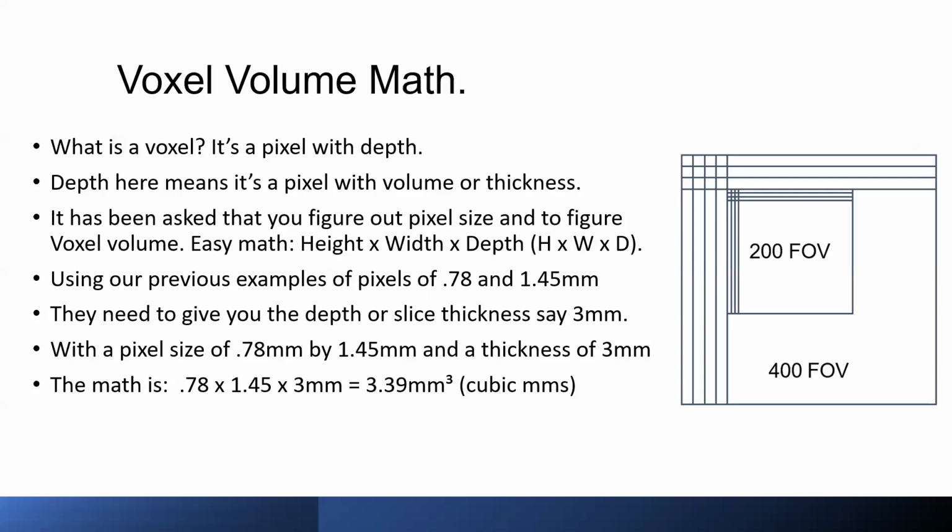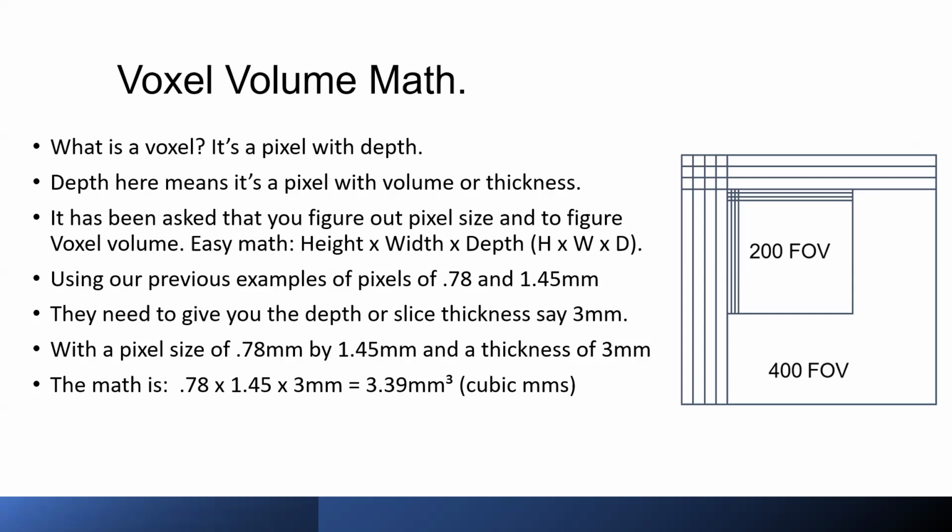All right. A voxel. Well, what's a voxel? A voxel is a pixel with depth, a slice thickness. So they very likely are going to give you a question and say, find out the pixel size here. And then they'll say, what is your voxel volume on such and such a sequence? So then you've got to go through this math problem, find out the pixel size, and then multiply it by your slice thickness.